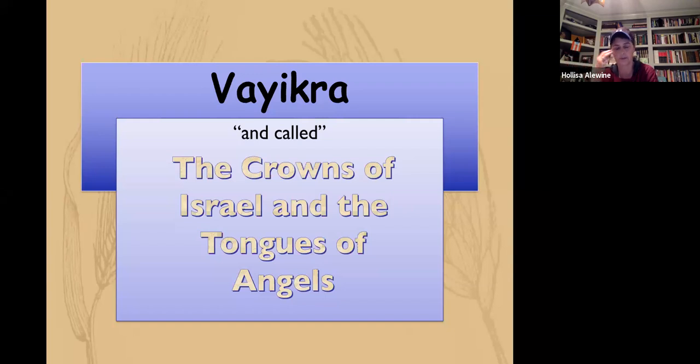That was a phrase that Paul used to the Corinthians, where he said, though I speak with the tongues of men and angels. This particular Torah portion gives it context, at least from a rabbinic traditional point of view. And since we know there's so many of those allusions, it makes sense that we go back and we say, okay, how did the rabbis frame in this Torah portion? And what does it have to do with the crowns and the tongues?